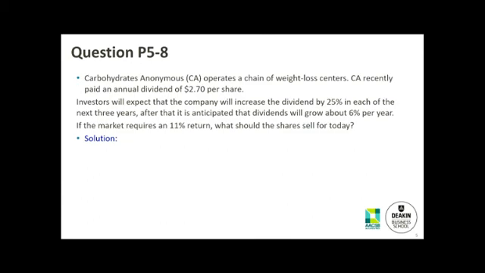The company operates a chain of weight loss centers. The company recently paid an annual dividend of $2.70.